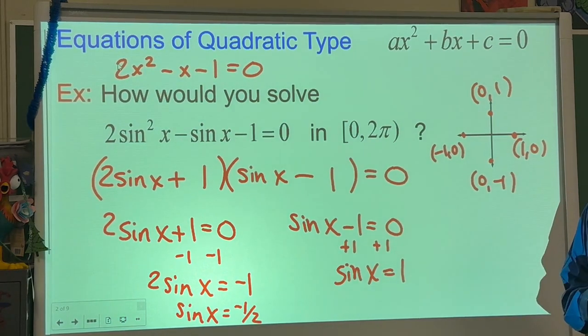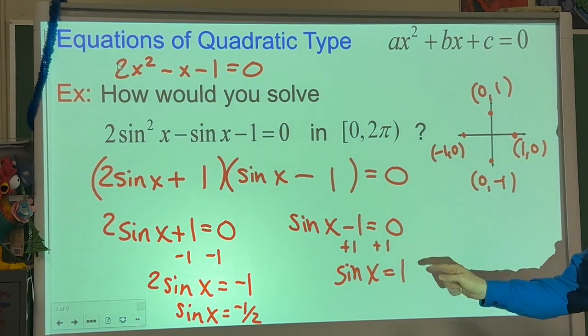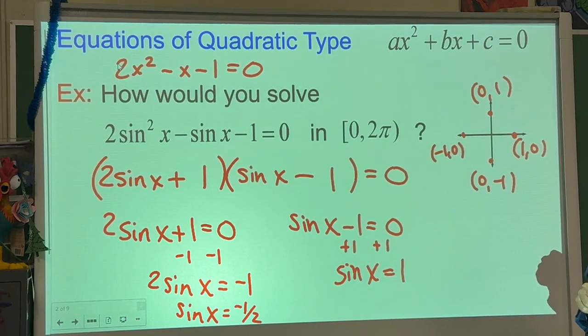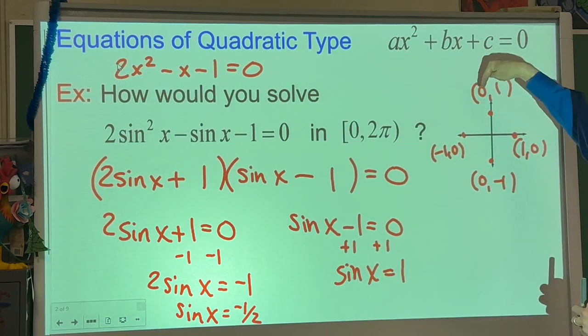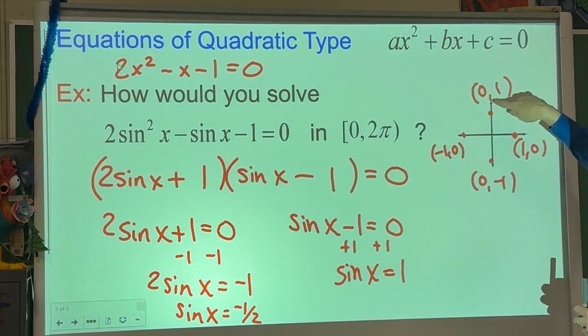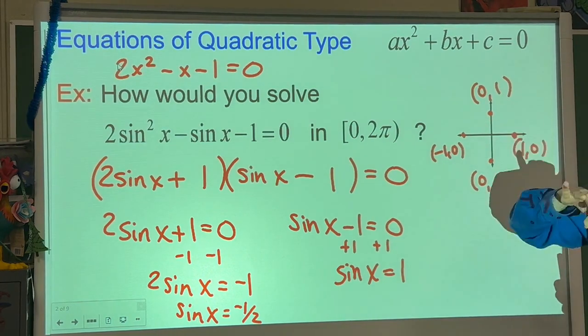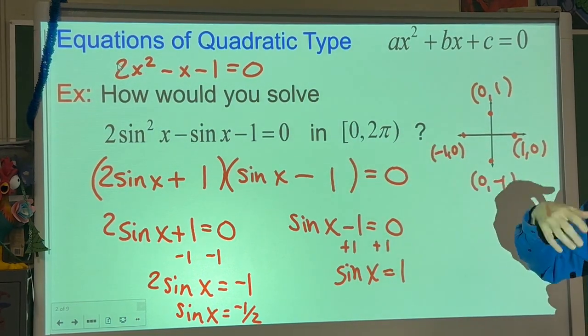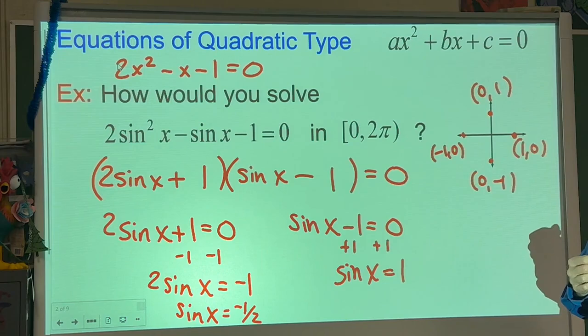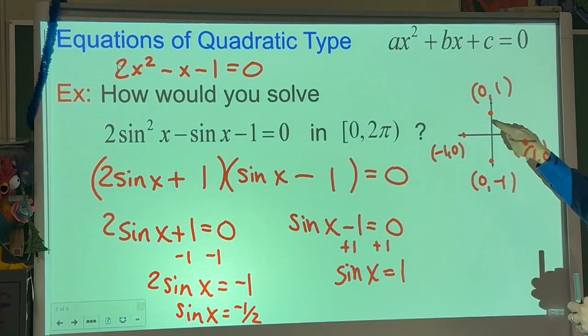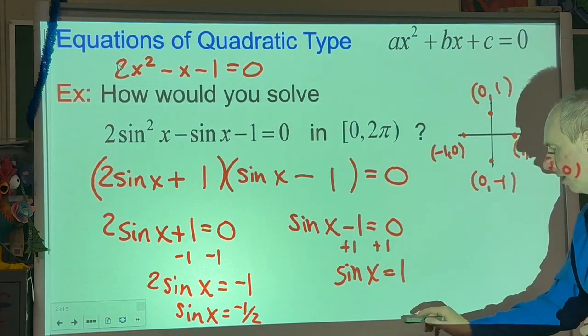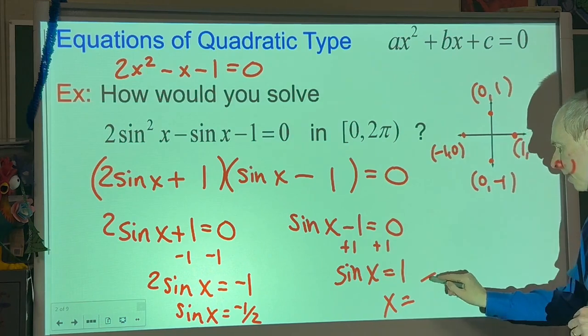Where is sine equal to 1? Well, right up here. Cosine and sine. What angle is that? That's 90 degrees. Okay, but in radians, because it says 0 to 2 pi, it doesn't say 0 to 360 degrees. So 90 degrees would be pi over 2. My first answer, x is pi over 2.